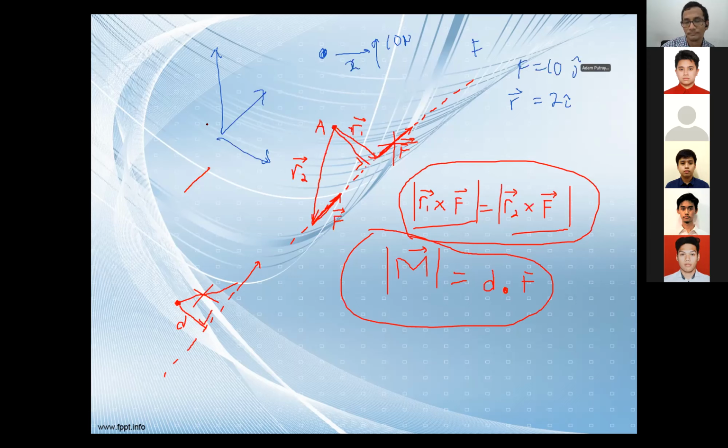Now my question is, do we have to use 10J or can we use 10K, for example? It depends on the direction, of course. Everything depends on your first assumption. So you have to assume, because sometimes the coordinate is not given, right?